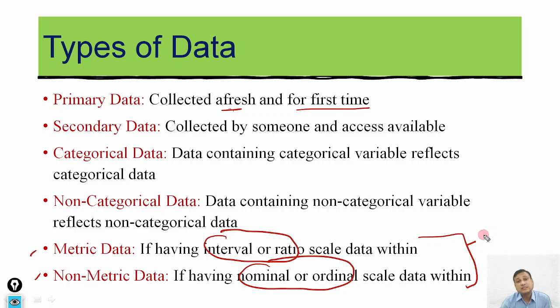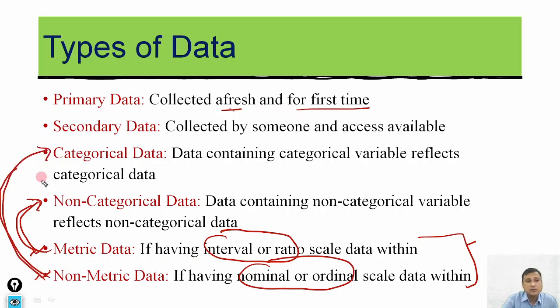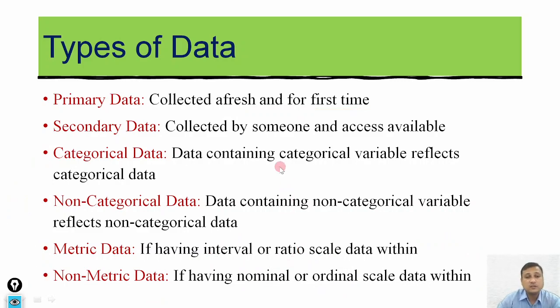When we understand the measurement of the scale, then only you will understand what is metric data and non-metric data. For the time being, just consider that metric data is actually non-categorical data, they are numeric data, and non-metric data is like categorical data or qualitative data. Fine. So let me go to the next slide.